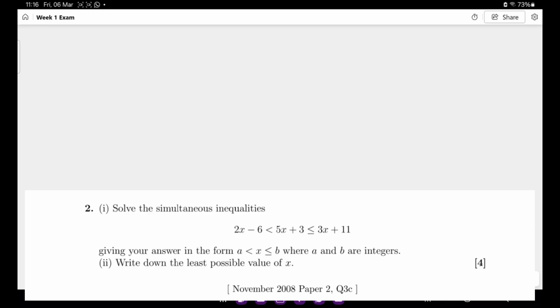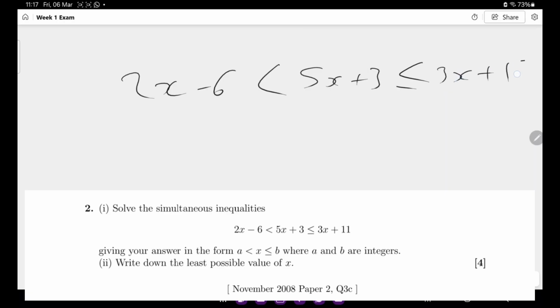Now we're going to do number 2. Number 2 says solve the simultaneous inequalities. So we have 2x minus 6 is less than 5x plus 3 less than or equal to 3x plus 11.